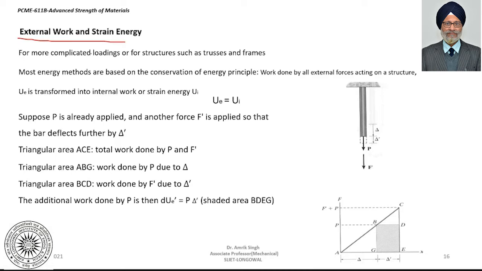For more complicated loading of solid structures such as trusses and springs, the energy methods are based on the conservation of energy principle. The work done by the external forces acting on the structure, UE, is transformed into the internal work or the strain energy. So it is a very important concept we are going to use in the energy theory.